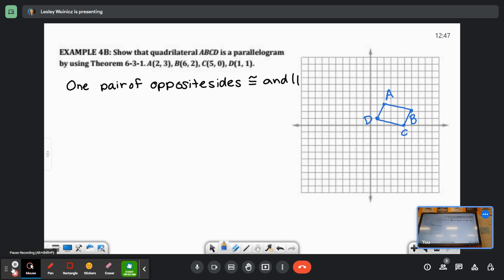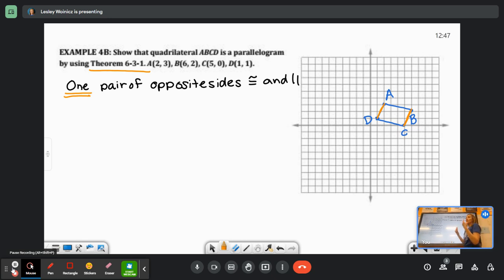Okay, here we go. So, which pair of opposite sides do you guys want to tackle? We just do one pair of opposite sides. Okay. AD? Yeah. So we're going to do AD and BC. The theorem says that one pair of opposite sides are both congruent and parallel.